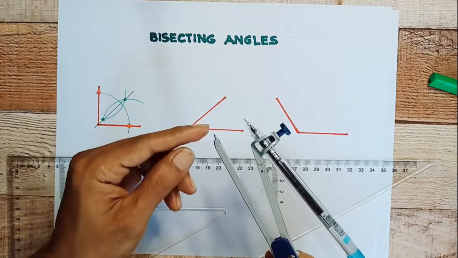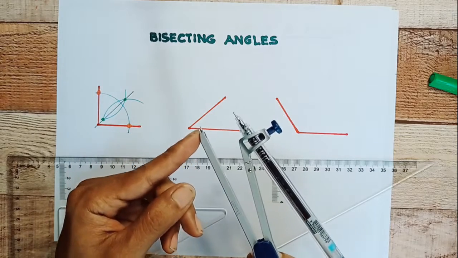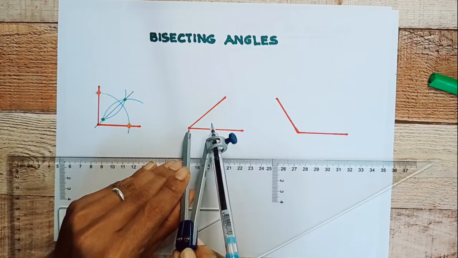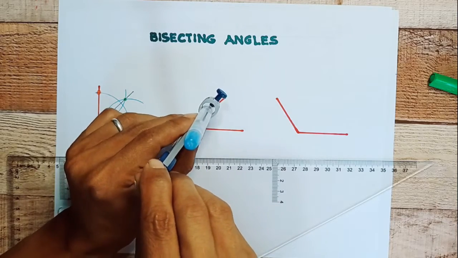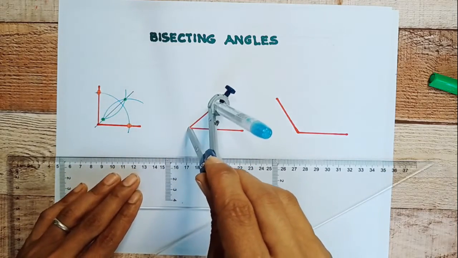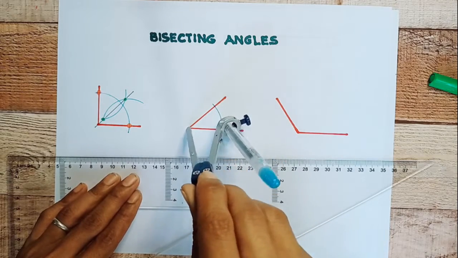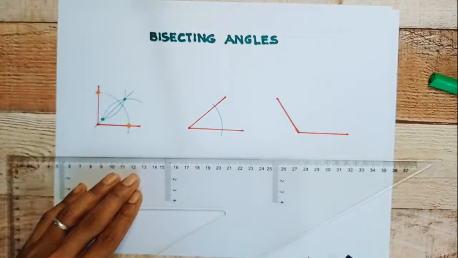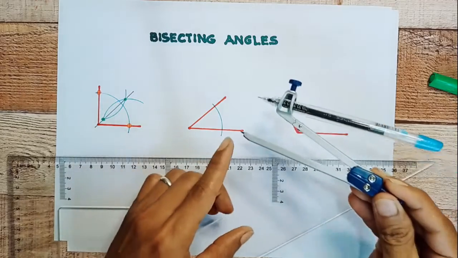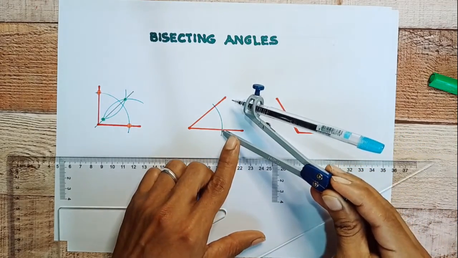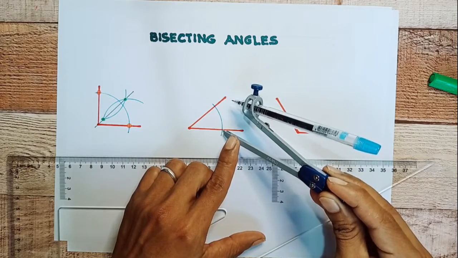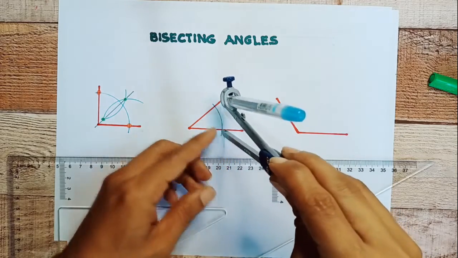procedure. Let's start with our needle tip on the angle, and draw an arc over the angle. There. Just over the angle. Then, again, the needle tip over the line and the arc.